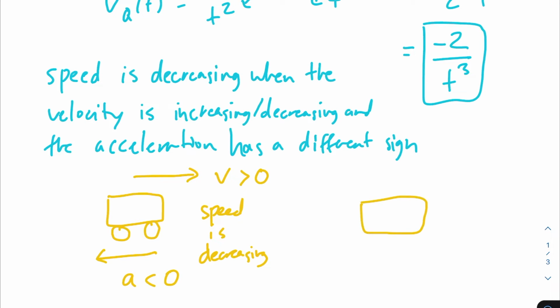The same is true for the opposite situation. If you're backing up and let's say your velocity is less than 0, so you're going in the opposite direction, and then as you're backing up, you hit the brakes, so now your acceleration is greater than 0, right? You're accelerating in the positive direction, so your speed is going to decrease again.